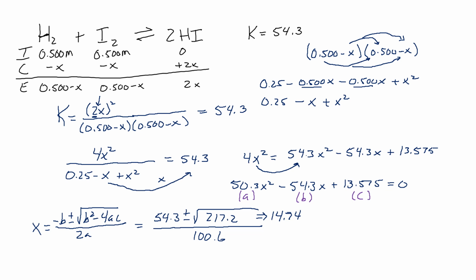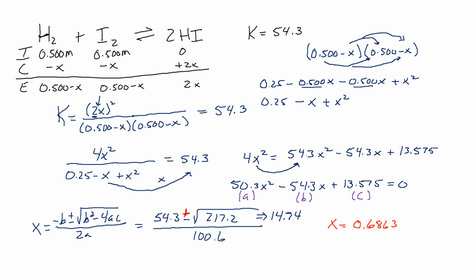Why not? So we'll do the positive way first. The positive way will give us an x value by taking 54.3 plus 14.74 divided by 100.6, going to give us an x value of 0.6863.